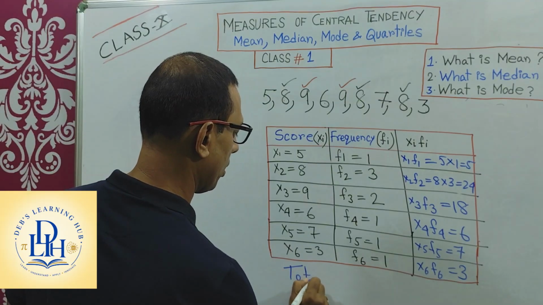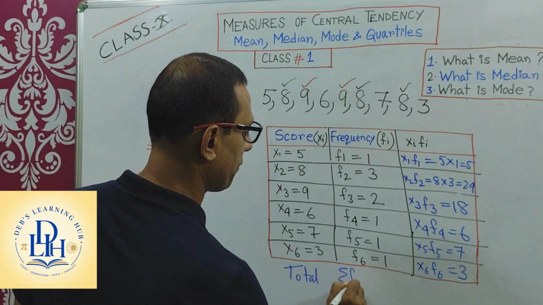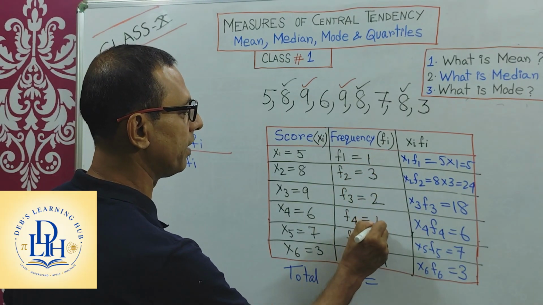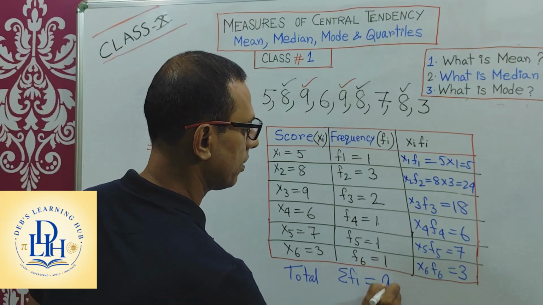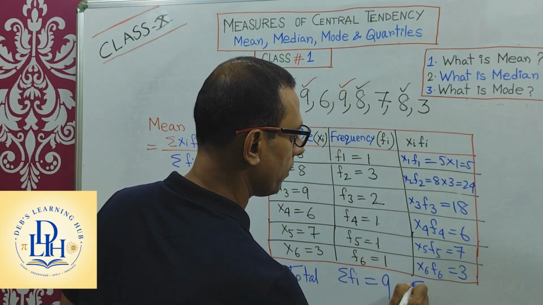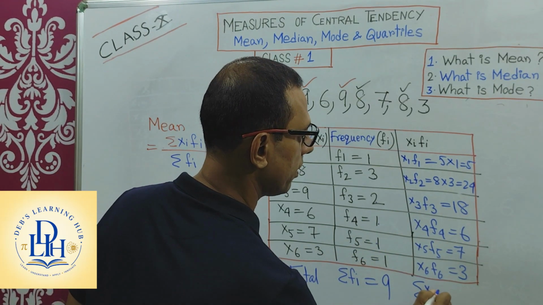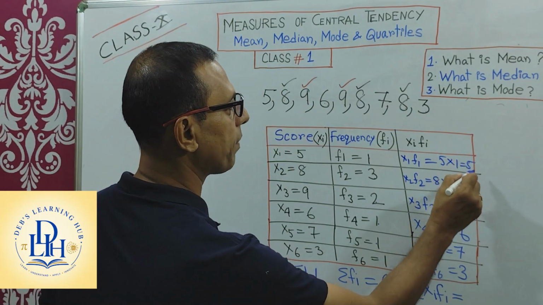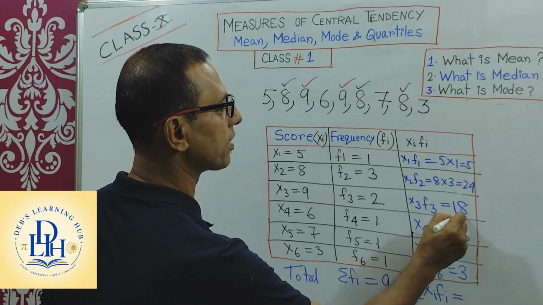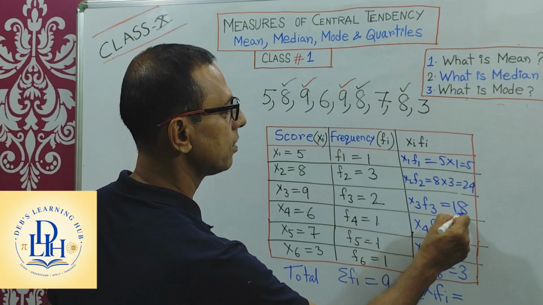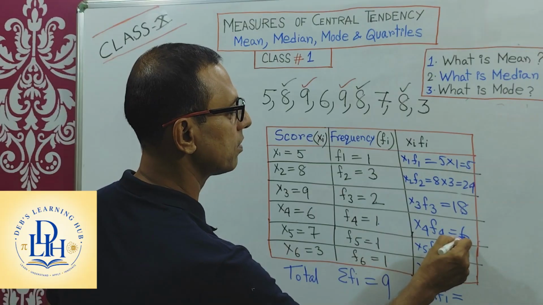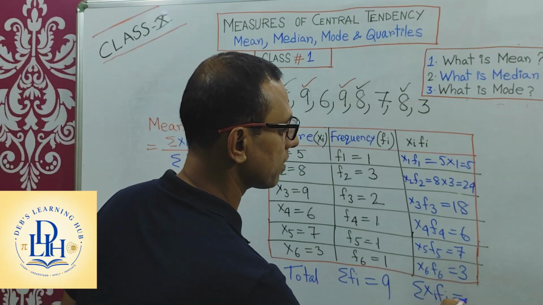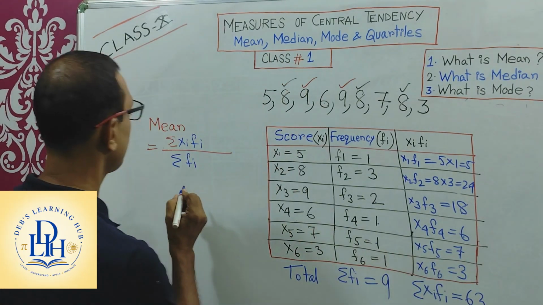This is the total number of observations: 1 plus 3, 4, plus 2, 6, plus 1, 7, 8, 9. And what is the summation of xi into fi, observation into its frequency? 5 plus 24, 29. 29 plus 18, that is 47. 47 plus 6, 53. 53 plus 7, 60. 60 plus 3, 63.